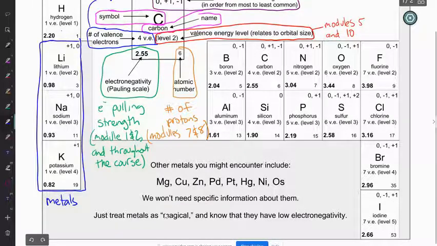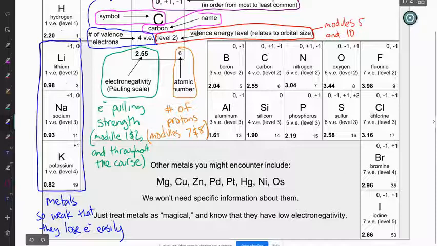The key thing to know about metals is they're so weak that they lose electrons easily and become positive ions. So when something's a metal, we're often going to see it just with a positive charge. And in an organic chem class, we usually end up ignoring those positive ions.